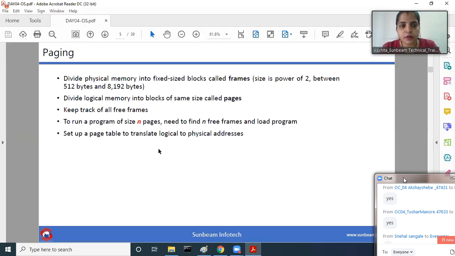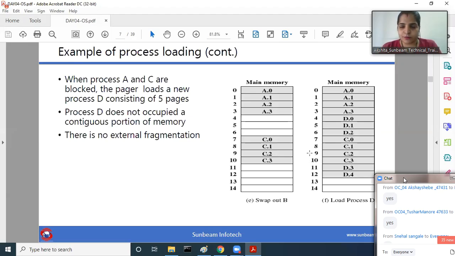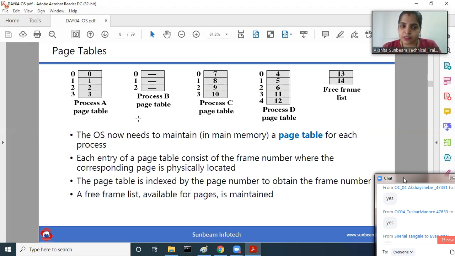So this is called mapping of physical and logical addressing through the intermediate thing, which is nothing but the page table. To set up the page table and translate the logical and physical addressing, the operating system keeps track of all the free frames. Accordingly, the process will be loaded into the main memory. Based on the loading of processes, the page table is maintained.